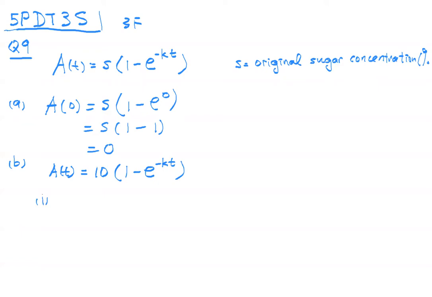Suppose S equals 10 and A equals 5 after 3 hours. So A equals 5, t equals 3. I sub in: 5 equals 10 times (1 minus e to the power of negative 3k).